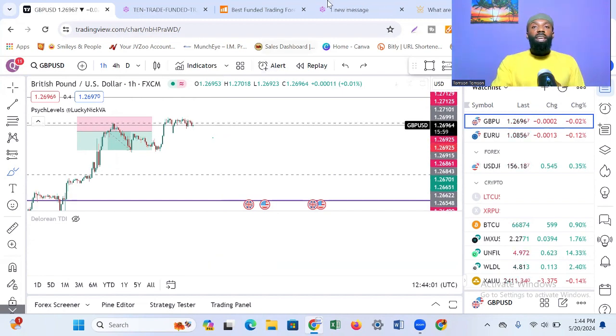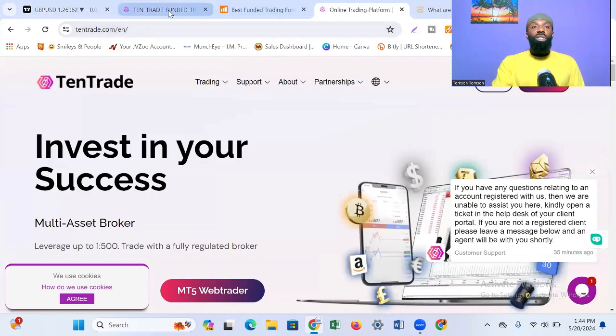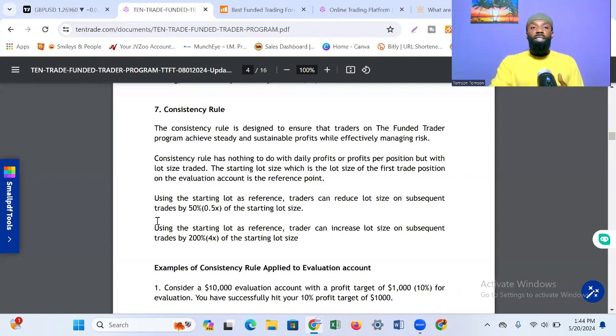Now, let's look at you increasing your lot size, okay? If you look at the rule again, they say you can increase that lot size times 4. You can see, you can increase it using the starting lot as reference. Traders can increase lot size on subsequent trades by 200%. So if you start your lot size with one lot, meaning you can go ahead and use 2 lots, you can use 3 lots, you can use 4 lots, but you cannot use 5 lots.